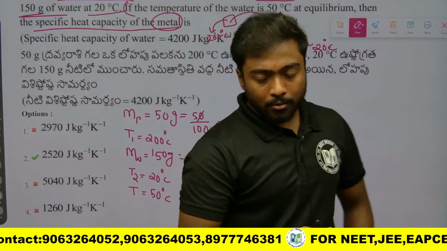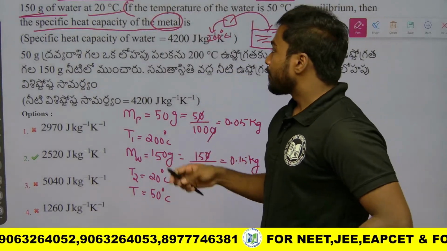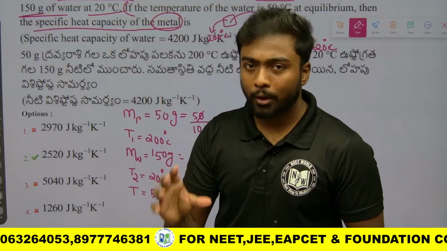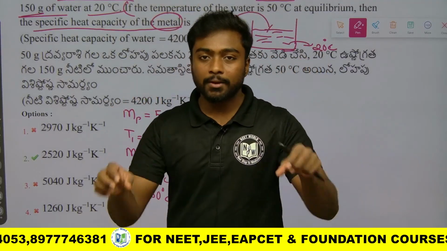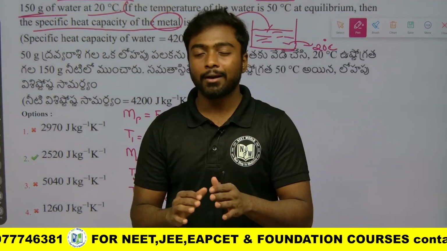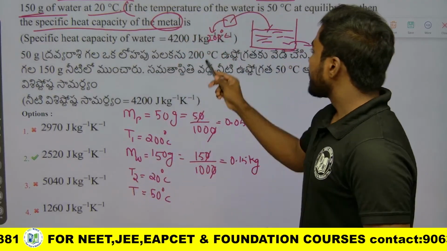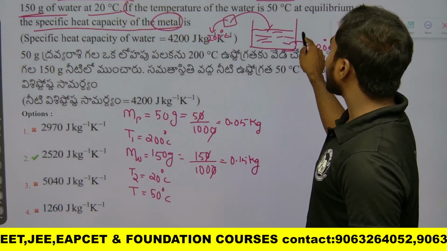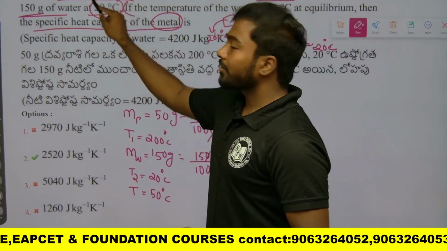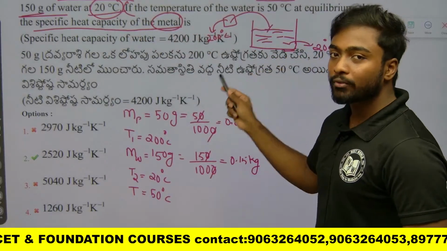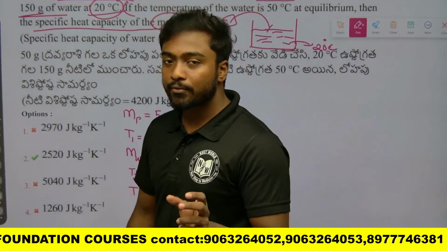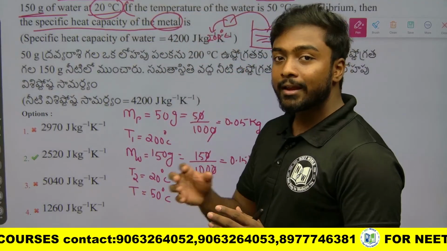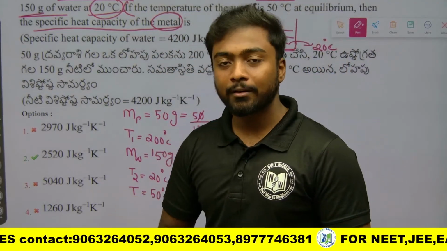So what we can understand here, when hot water is there and cold water is there, if I mix both of them, what will happen? It will become a normal water, no? The same case. So hot metal is there, that is 200 degrees Celsius, and the water is there, that is 20 degrees Celsius. When we keep both of them, the equilibrium temperature was 50 degrees Celsius, they are saying, right? So what happens here? Heat gained and heat loss has taken place.